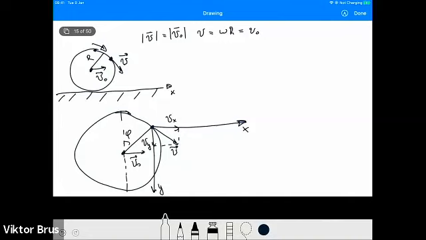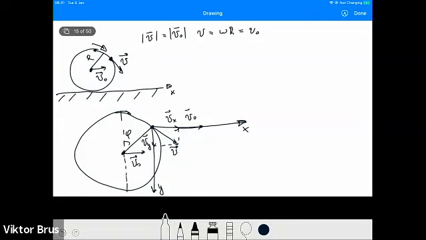And of course, for the direction of x, we need to add this v naught because it's along the axis x. Here we add v naught, and all these can be considered as vectors.